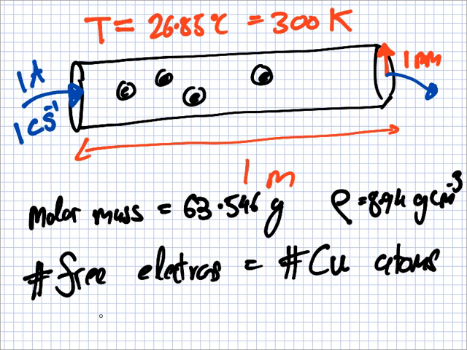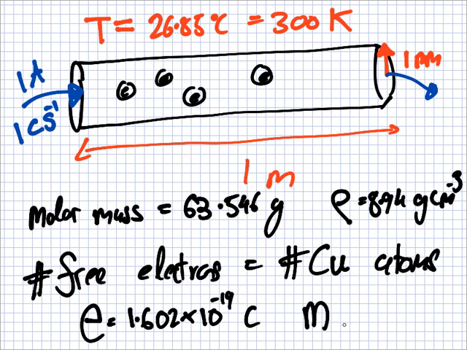So the charge of an electron is the E, and that is minus. Remember, E is 1.602, or 1.6 if you want, times 10 to the minus 19 coulombs, and the mass of an electron is 9.11 times 10 to the minus 31 kilograms.